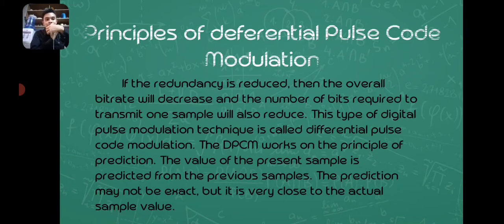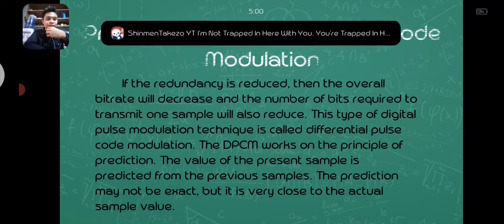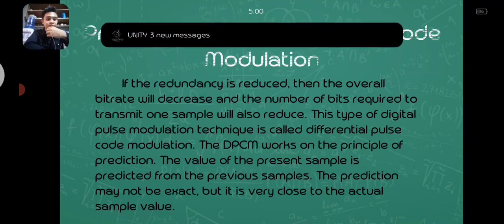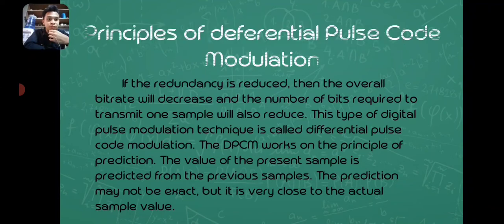The principles of differential pulse code modulation. If the redundancy is reduced, then the overall bit rate will decrease and the number of bits required to transmit one sample will also reduce.